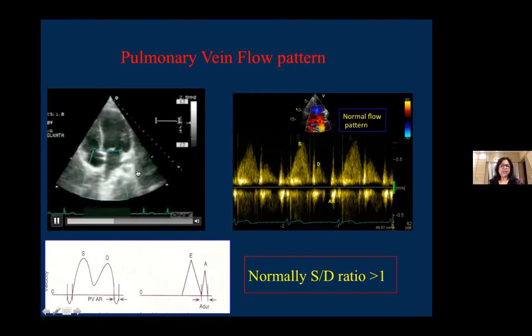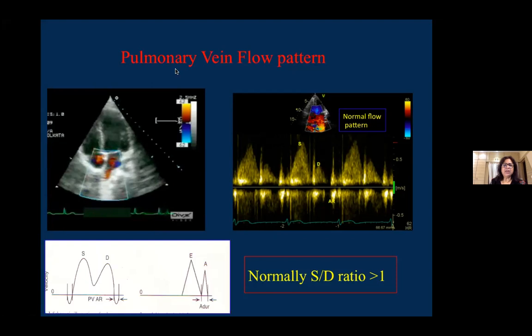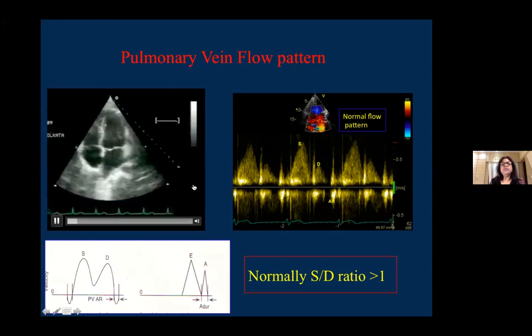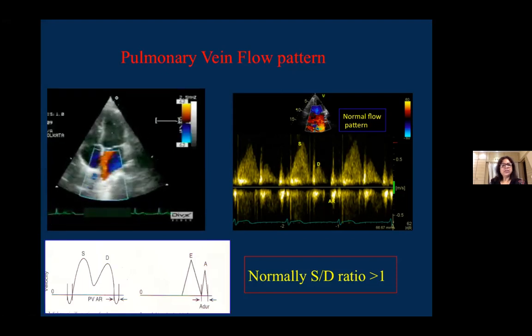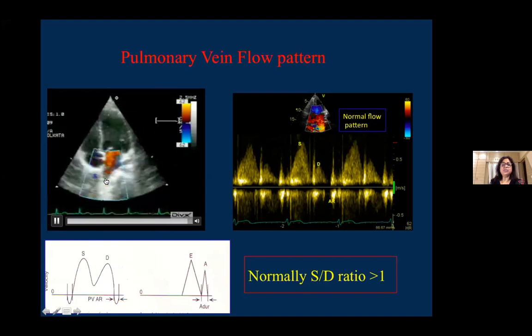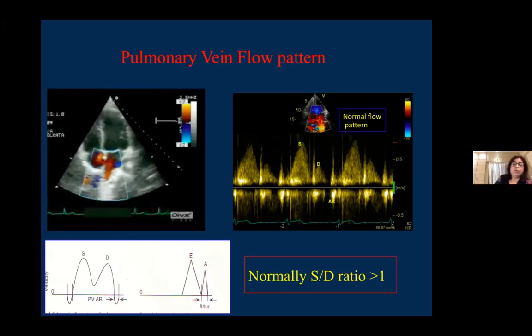And we can assess the pulmonary venous flow, though it is in the far field and difficult to visualize. We say many things while assessing the pulmonary venous flow, but in today's machines, the picture quality is so good that you will be able to visualize the right pulmonary vein, at least, if not more.